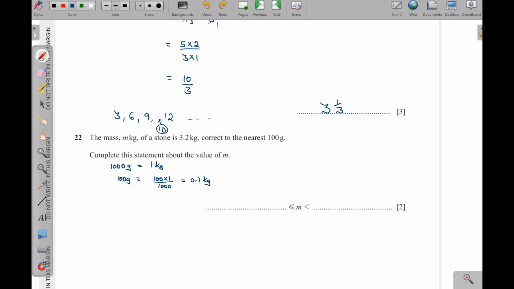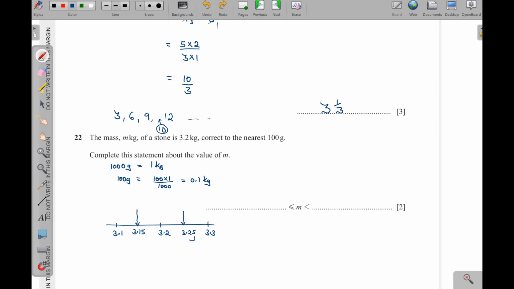Okay, now that means I'm going to have, if I can show you something here, if this is 3.2, then here we have 3.3, and then here we are having 3.1. But this 3.2 begins from here, which is 3.15, and then ends in the middle here. You have 3.25. So when you round this one to one decimal place, you are going to get 3.3. Okay, that's why this one ends here.